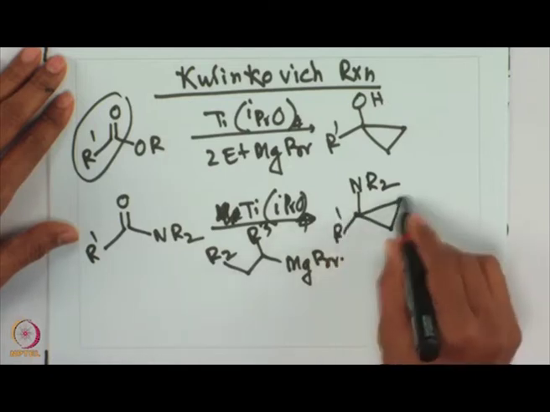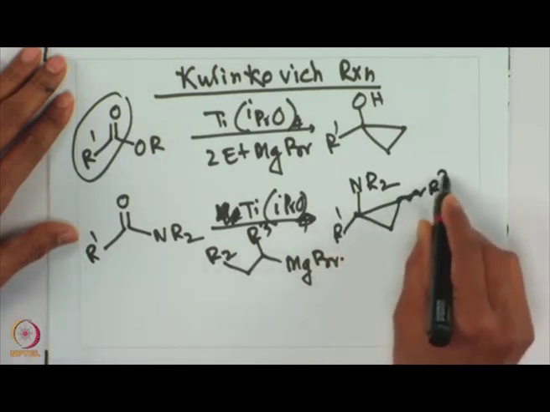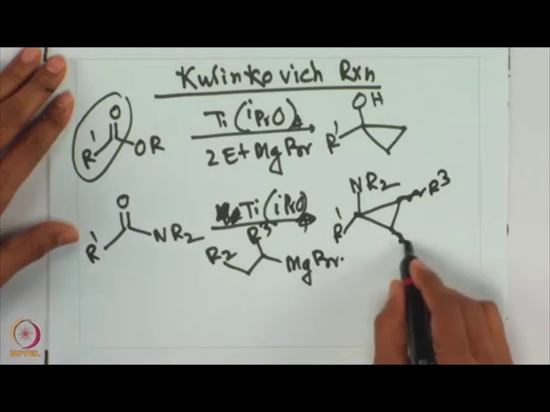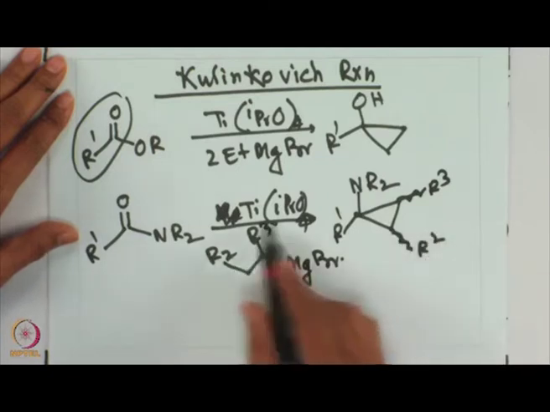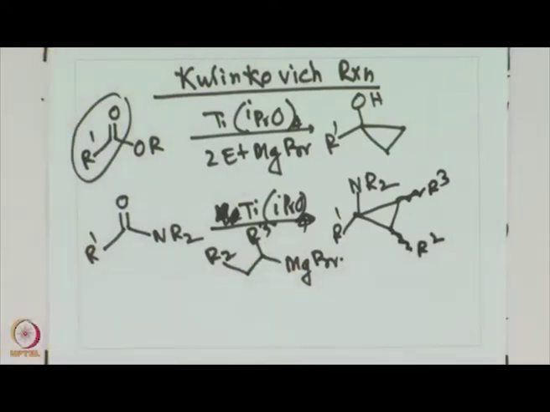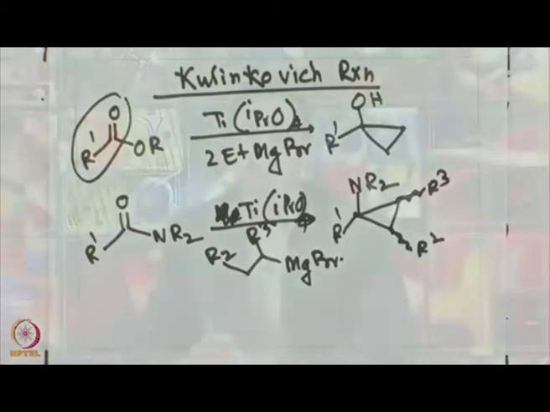For example, we can have different substituents coming from the alkyl Grignard reagent. So, this Kulinkovich reaction is a powerful technique for synthesizing the cyclopropane ring with alcohol or amine substituent on it.